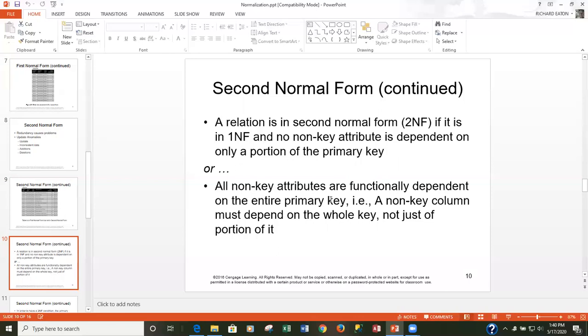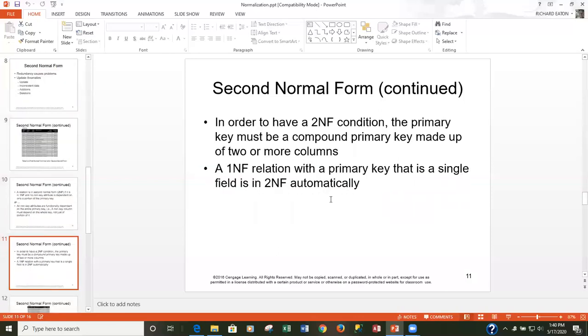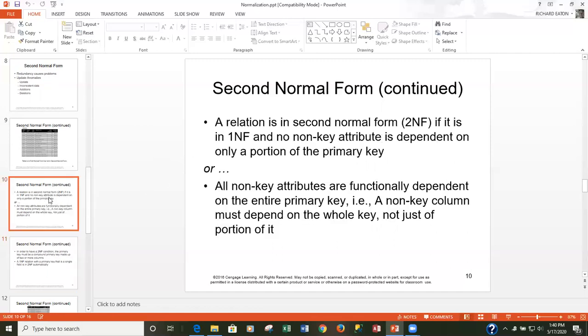So we really do have to understand what that's all about. As I said earlier, for a second normal form condition, we must have a compound primary key. And if we don't, we can't have a second normal form violation.